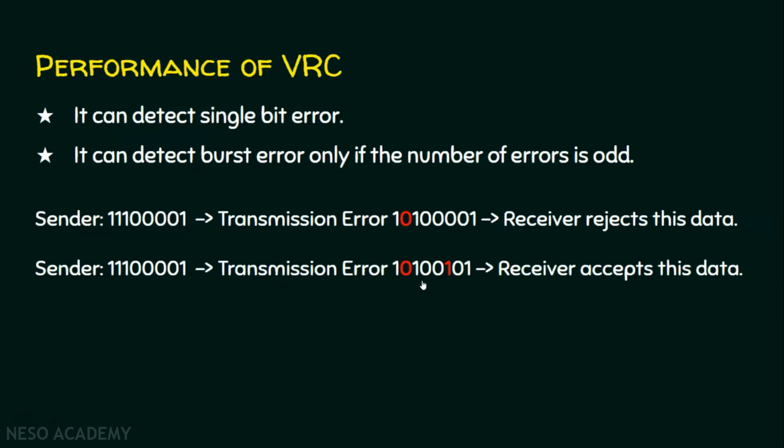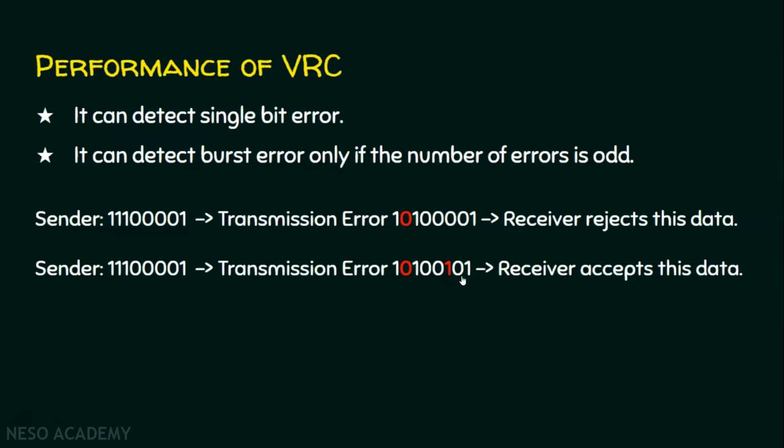So in this case, the number of errors is even. Now what if the receiver receives this data? The receiver checks for an even number of ones. In this case, 1, 2, 3 and 4. Since it has received an even number of ones, the receiver misunderstands that there are no errors in the transmission, so it accepts the data. But actually this message is erroneous.